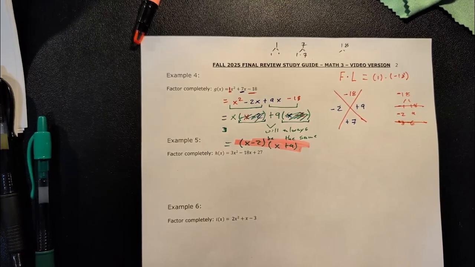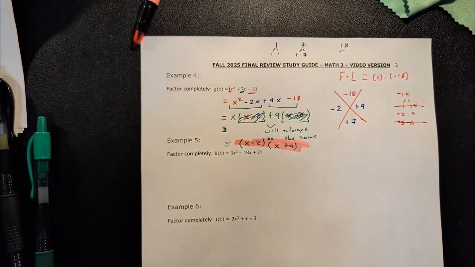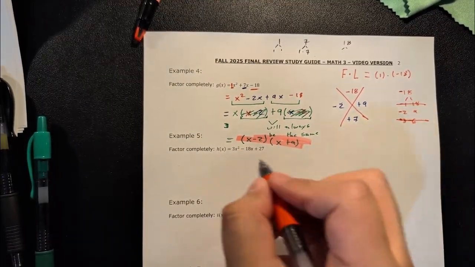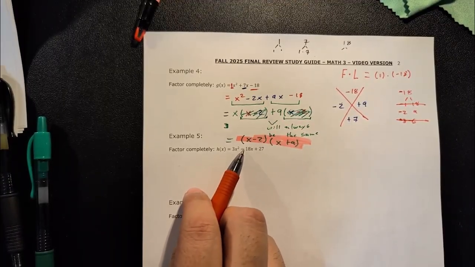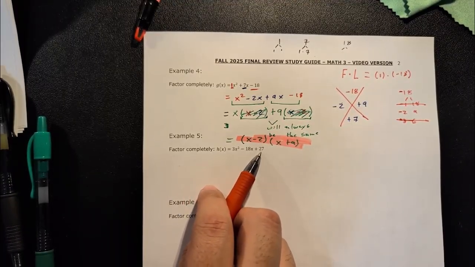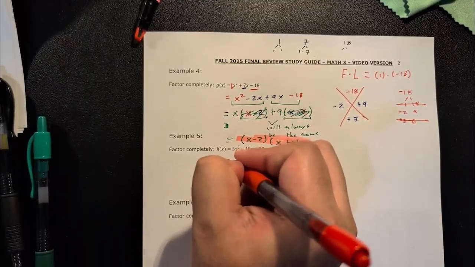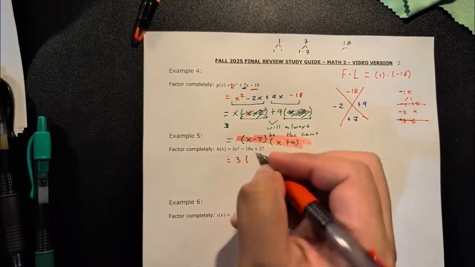What can I factor out? Let's see. 3, 18. So we know 3 times 6 is 18 and 3 times 9 is 27. So we can factor out 3. So we're going to factor out 3.